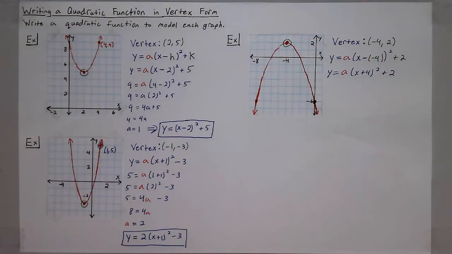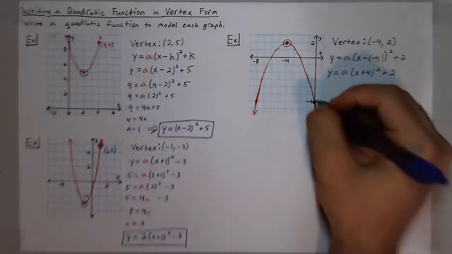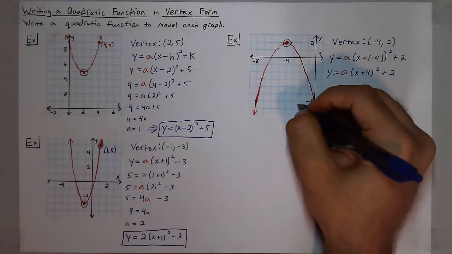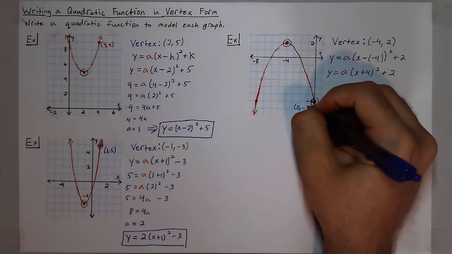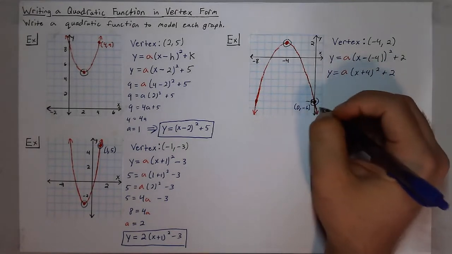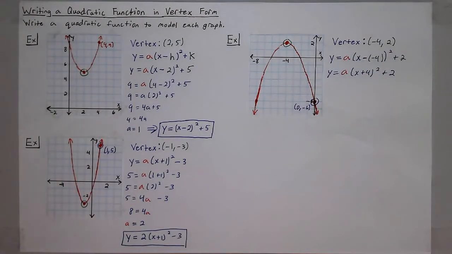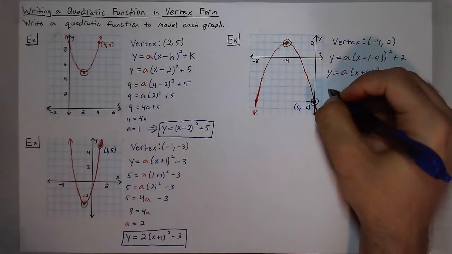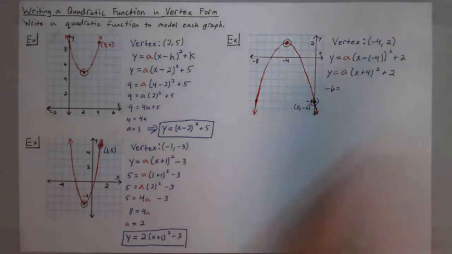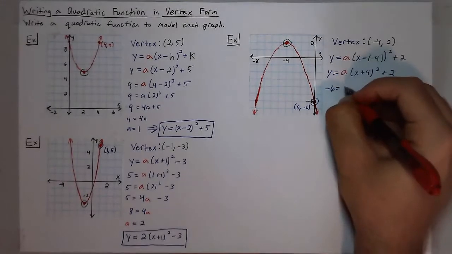But now we have to figure out what the a value is, and we have a good candidate down here at the bottom right, at 0, negative 6. So I'll have negative 6 for y and 0 for x.